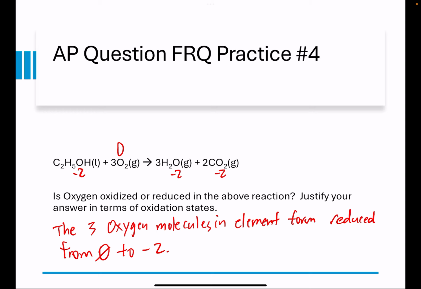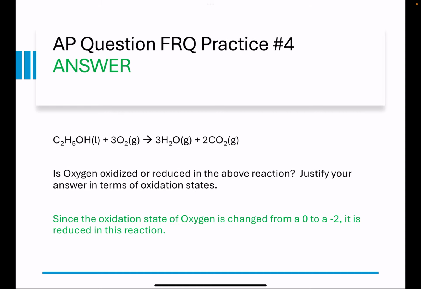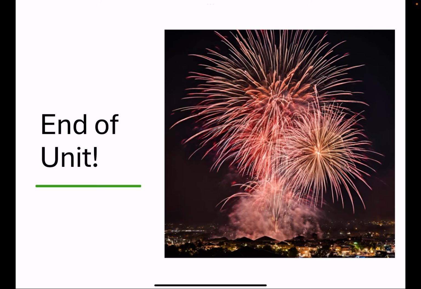I guess you could say therefore oxygen was reduced. Obviously, not the oxygen in our C2H5OH, but our oxygen in here is being reduced, since the oxidation number changed from 0 to -2, which is a reduction.